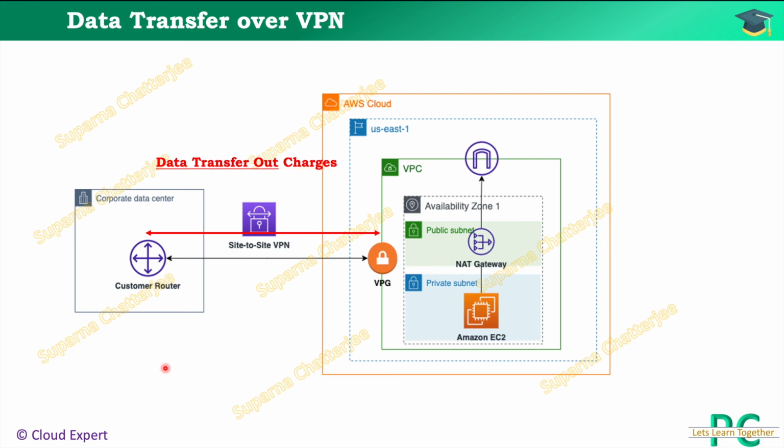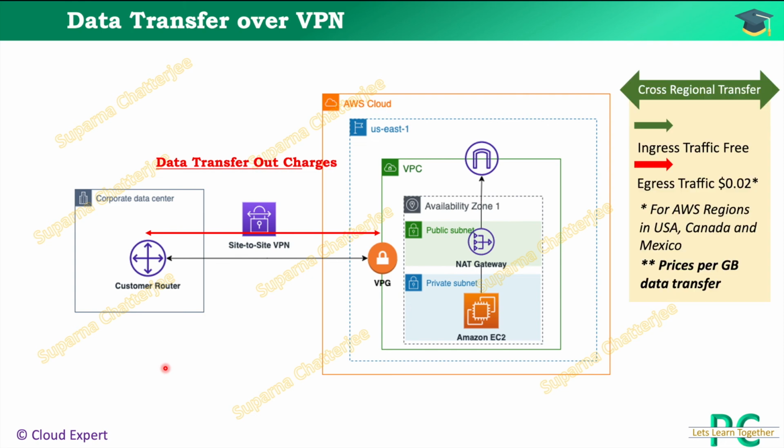But if you are trying to move any data out from AWS Cloud to your data center over the VPN, in that case, you will be charged for the data transfer out. And the charges will be, as I mentioned, ingress traffic is free, but egress traffic will be charged 2 cents per GB of data transfer.